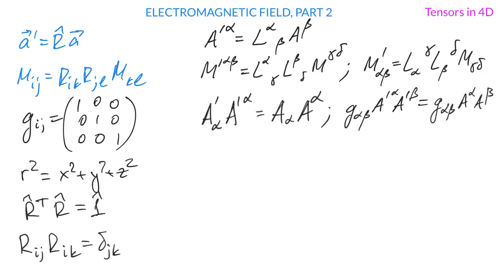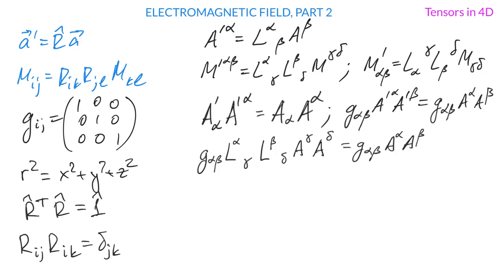And now substitute the L matrices. Because A is an arbitrary vector, we then have G_alpha beta L^alpha_gamma L^beta_delta equals G_gamma delta.